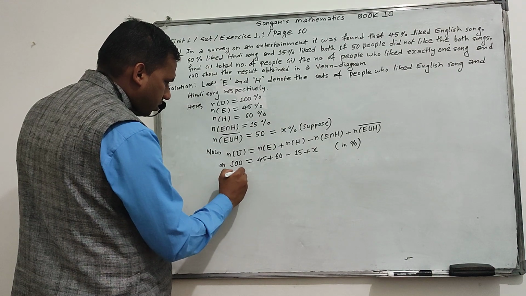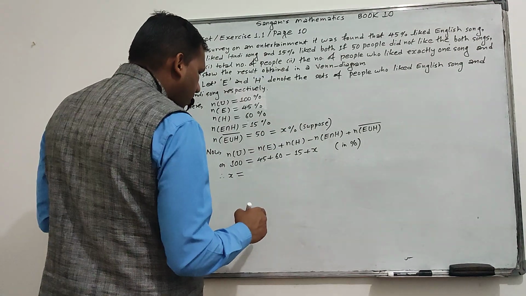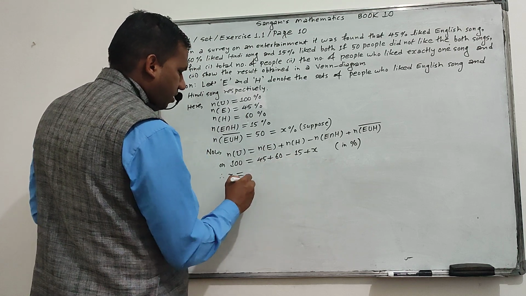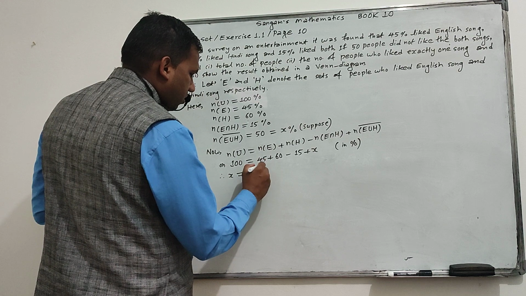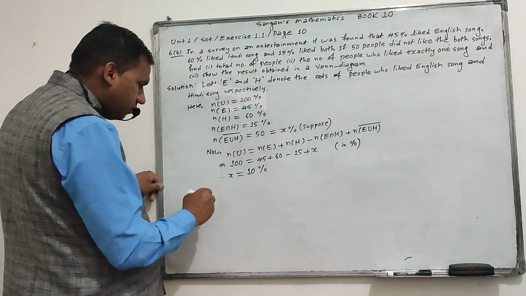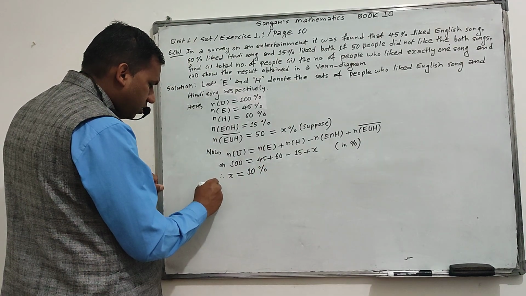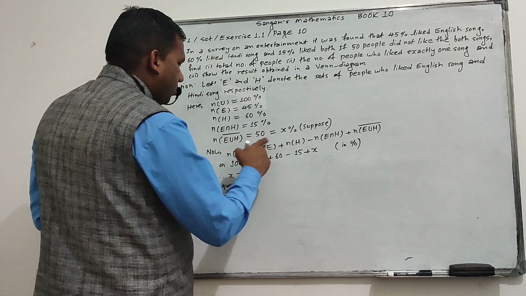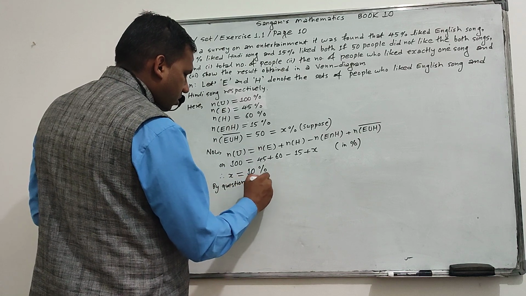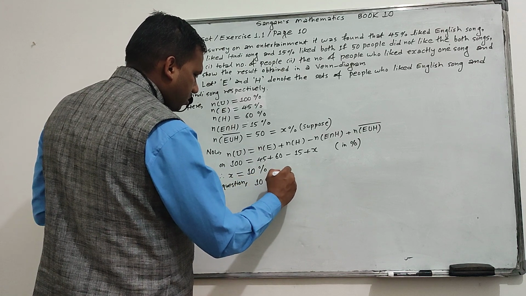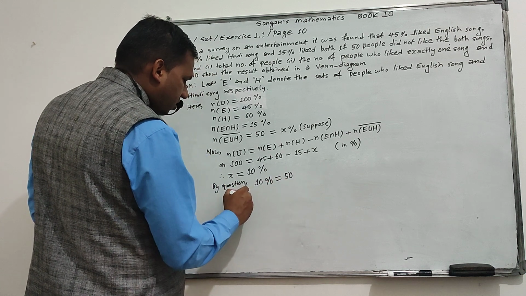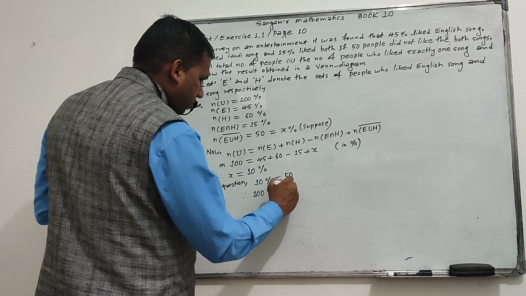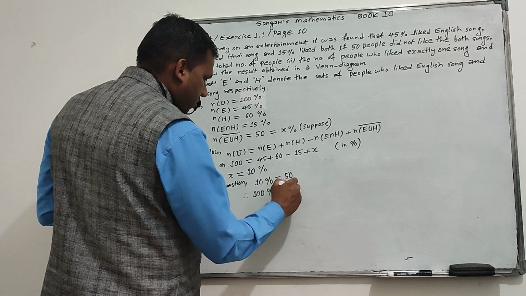Therefore, X equal to 60 minus 15, then 45, then 90. 100 minus 90, 10. So X equal to 10% by equation. X percentage is 50. So 10% equal to 50. Therefore, 100% equal to 500.